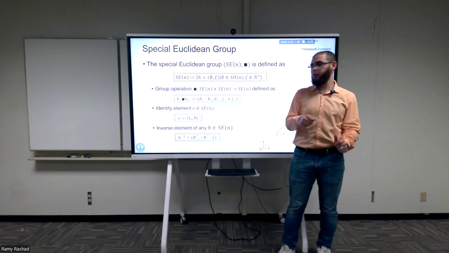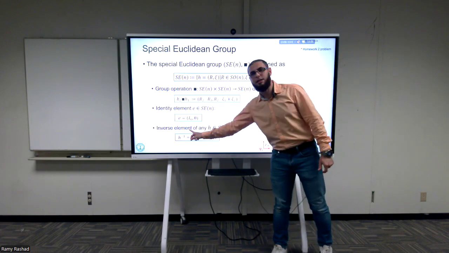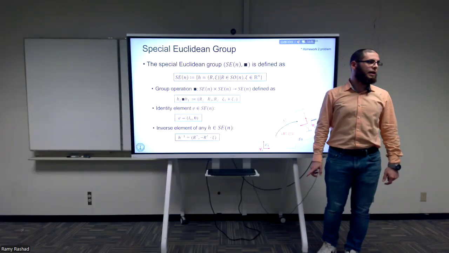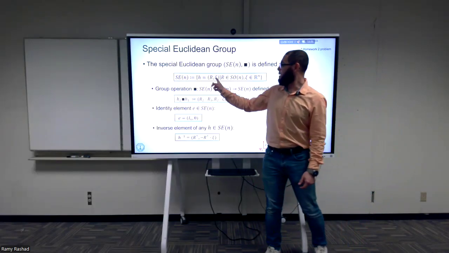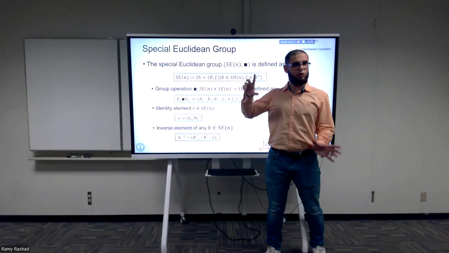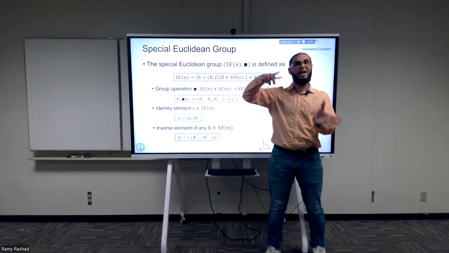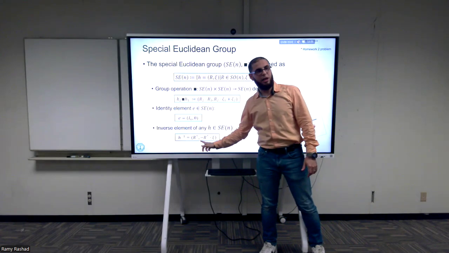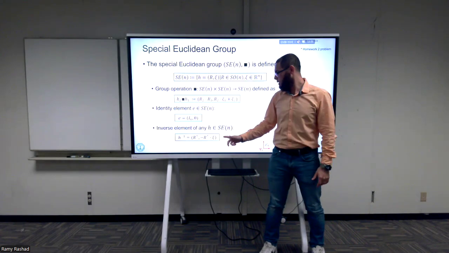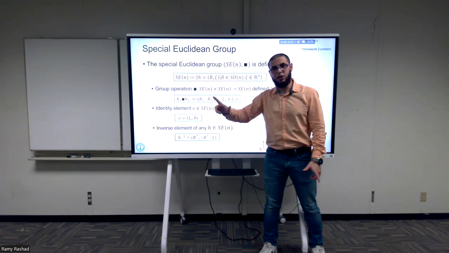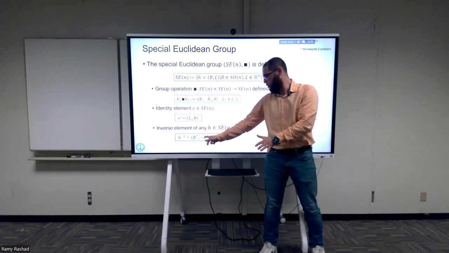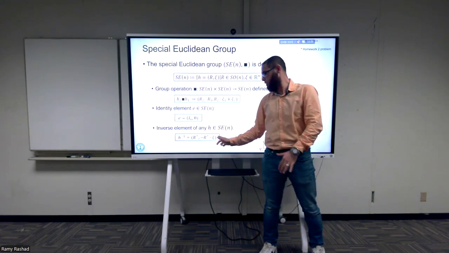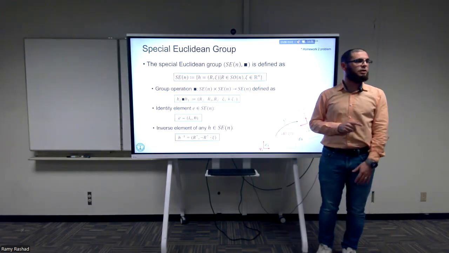So it's also homework for you to show that this is actually the inverse element for any H. If I give you some R and some psi that correspond to an isometry, and I tell you what's the inverse of this isometry, the rotation matrix will be transposed, and the translation part will be minus the rotation transposed multiplied by the original translation that you had.